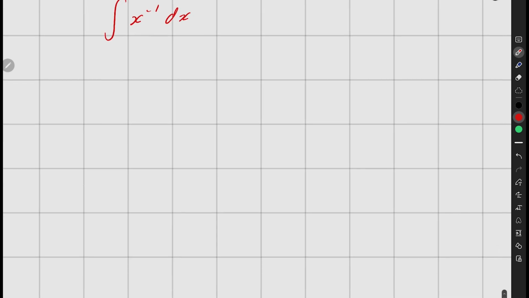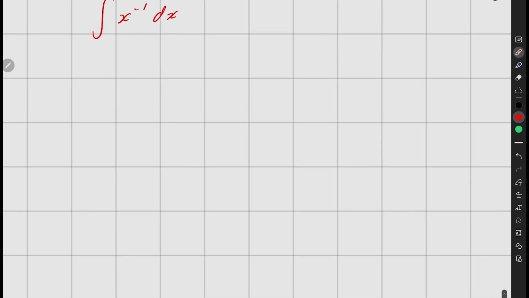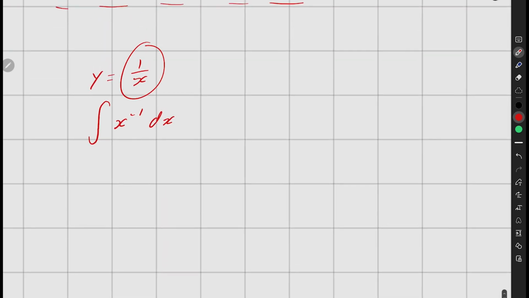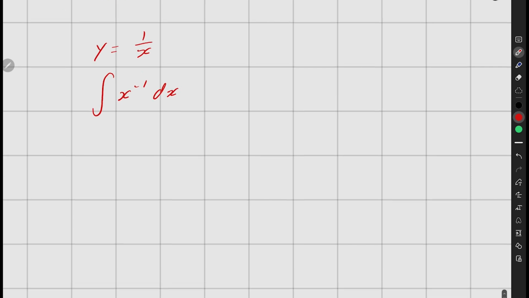When we're integrating this, you know how you add 1 onto the power? You can't really do that here, because minus 1 plus 1 is 0. So what do we do?